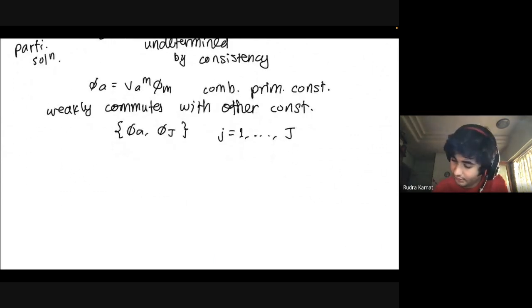So that means these guys are a complete set of primary constraints.